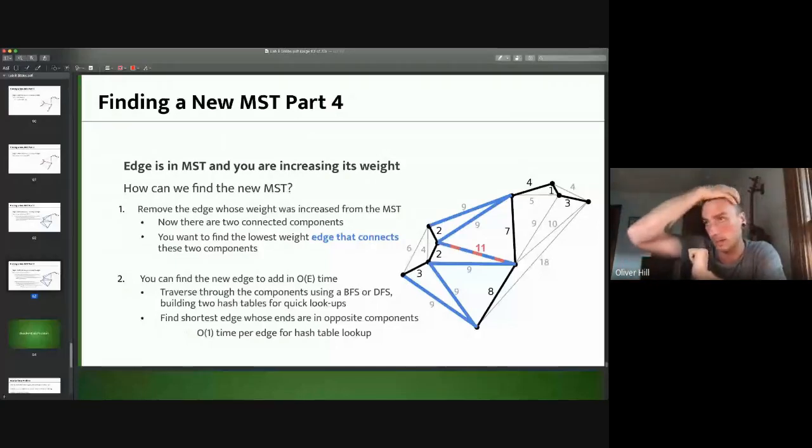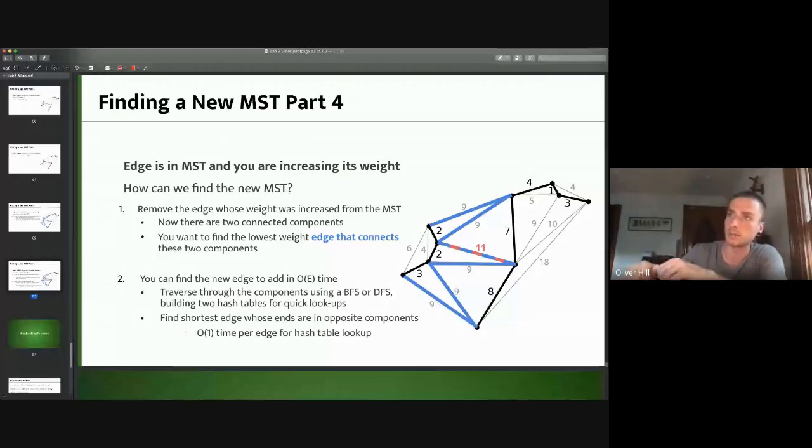So we're looking at the weights connecting any of those pieces. We found the shortest edge whose ends are in opposite components, right? So the cheapest cost edge whose vertices are in different hash tables. We have O of 1 time per edge for hash table lookup, so that's why we can do it.